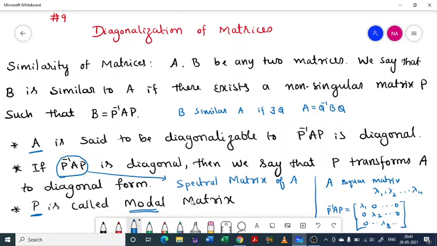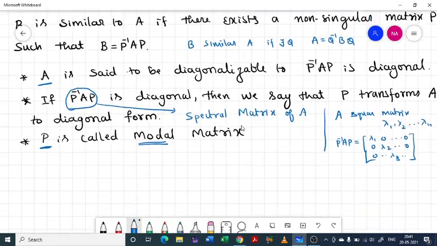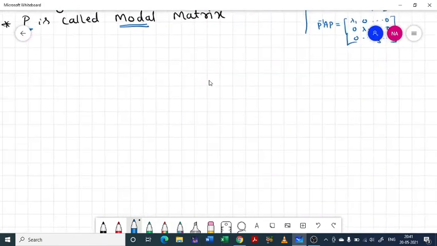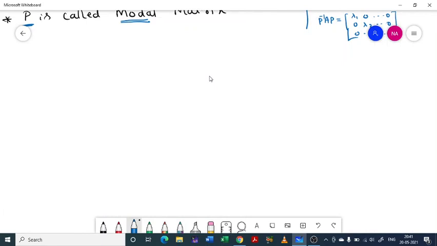Now next, given a matrix A, how to find its diagonalized matrix, or how to transform it to a diagonalizable form, or how to make it similar to a diagonal matrix. So that's what we are going to discuss here.